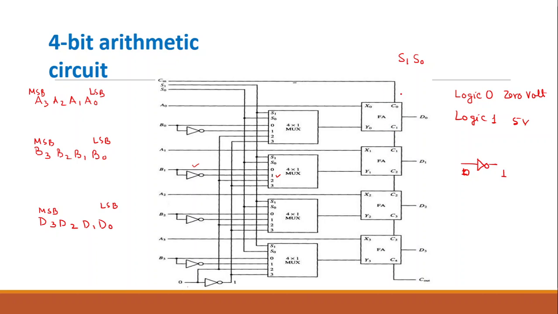So what happens is, this Cin, C0, will be connected to the first full adder, and then its carry will be added in the second full adder.